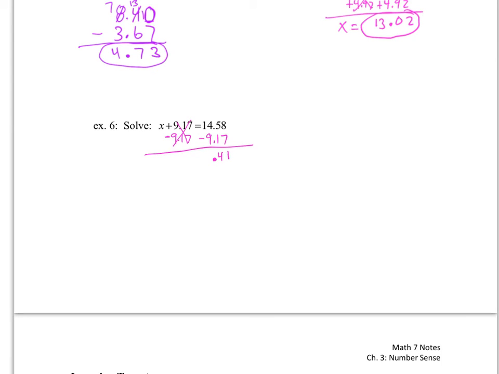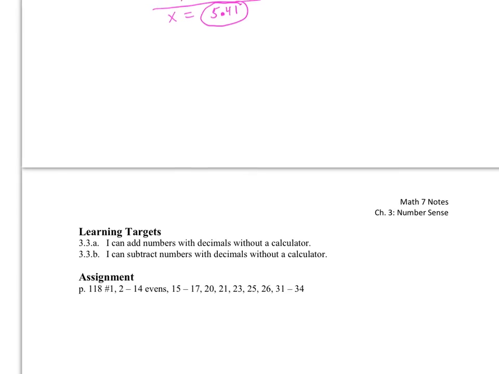Decimal comes straight down. Borrow. 14 minus 9 is 5. Then you have 0, and it is x equals 5.14. Line up your decimal points. Add zeros to the end to make the numbers as long as each other.